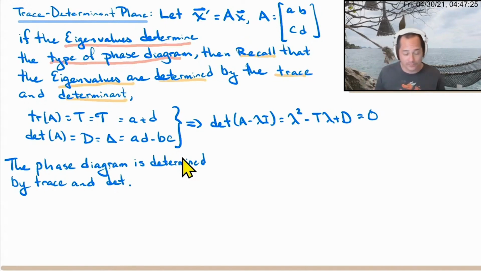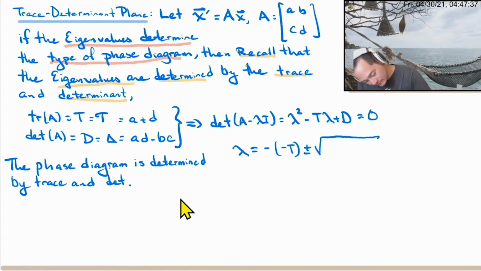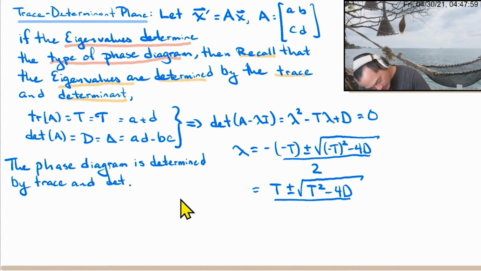I have a formula for that quadratic equation, and that formula is that lambda is equal to the trace plus or minus the square root of trace squared minus 4 times determinant, all over 2.